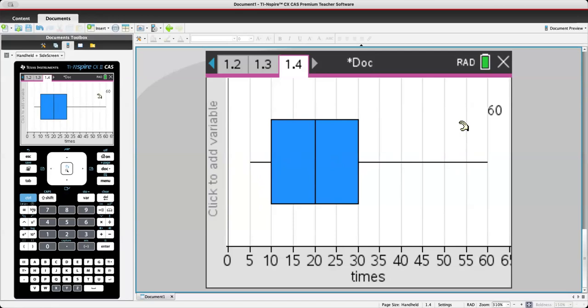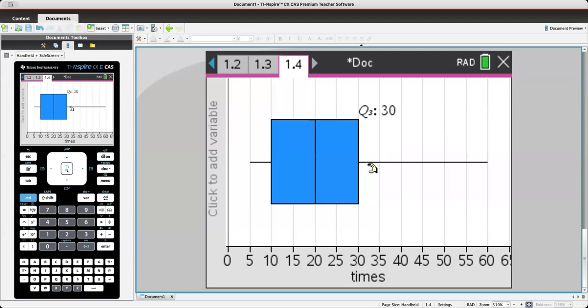A couple of things. Look at the box plot, and what is the shape of this distribution? Based on the box plot, can we determine the shape? We can. I would say it's right skewed. How do we know that it is right skewed?